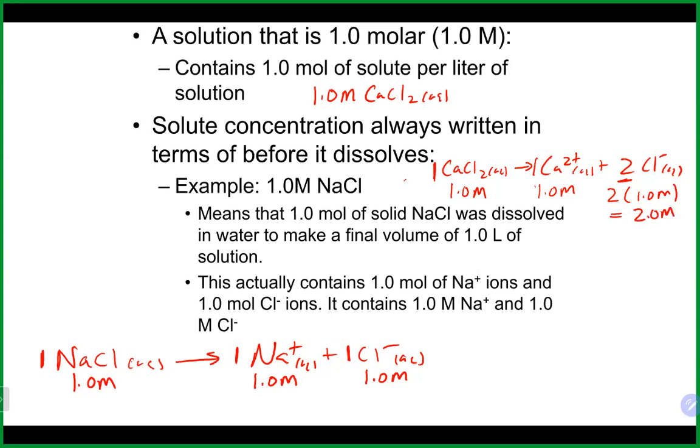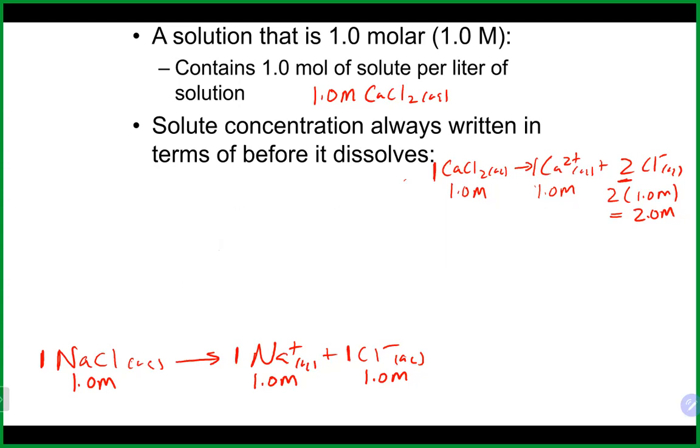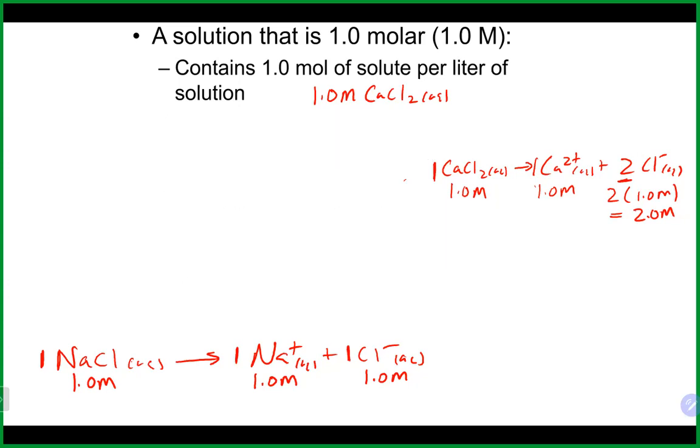The quick way to calculate the concentration of ions in solution is to figure out how it breaks apart. If it breaks apart in a 1-to-1 relationship, the concentration of the whole thing and the ion would be the same. Like in this example, if it breaks apart into a 1-to-2 relationship, you do have to multiply the concentration by 2. The reason you have to do that is the short calculation part.